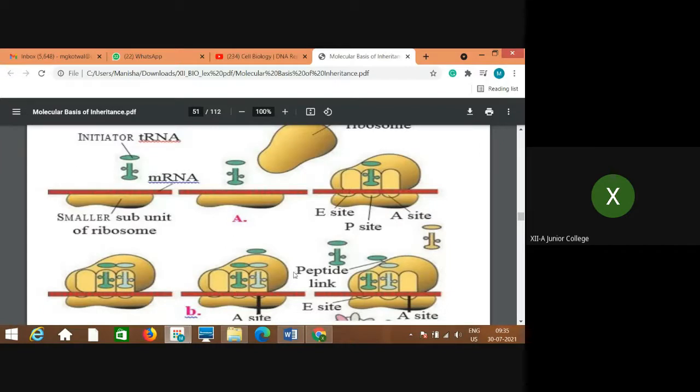Then again, what will happen? The ribosome will move by one codon ahead towards the 3' end. From the 5' end, there is a movement of the ribosome towards the 3' end, and in this way, one by one, tRNAs carrying amino acids are added. See, this is the third tRNA. Then again, there is formation of a peptide bond between the second and the third amino acid.